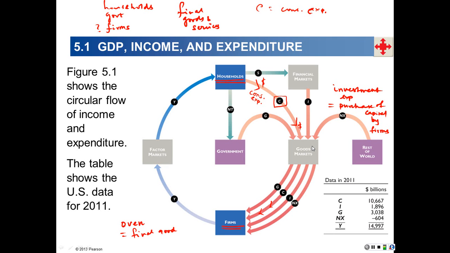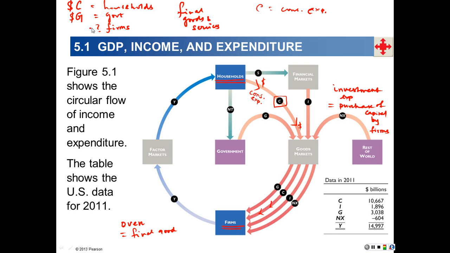So we have these three shoppers: households, government, firms. Correct? We are now going to add another shopper. But before I do that, let me just quickly clarify. The spending by households is called what? Consumption spending, C for consumption. Spending by the government is called government spending or government expenditure.